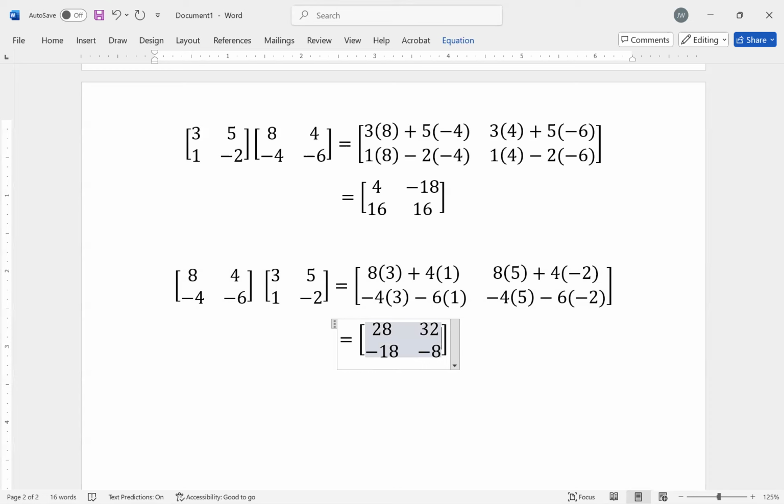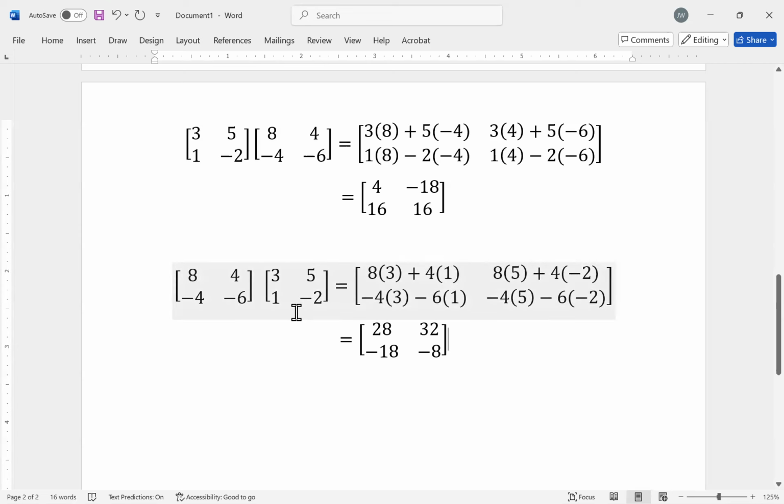Now I want to point out the very obvious thing here: we're multiplying the matrices, but in a different order. The 3, 5, 1, negative 2 was the matrix on the left in the first multiplication.